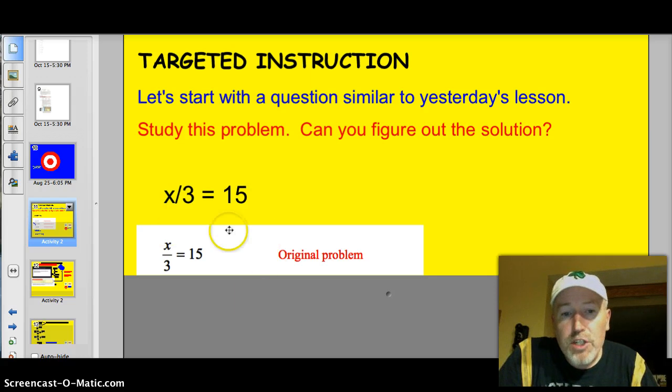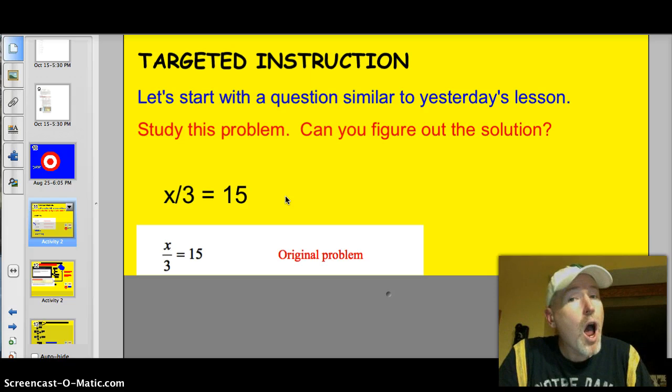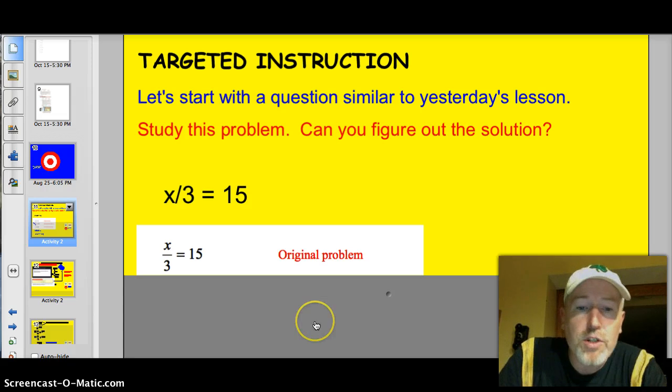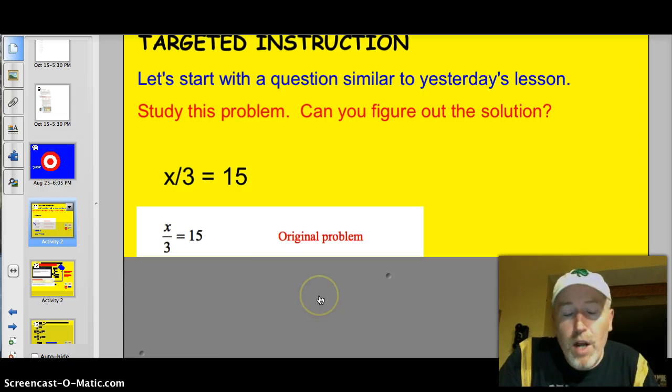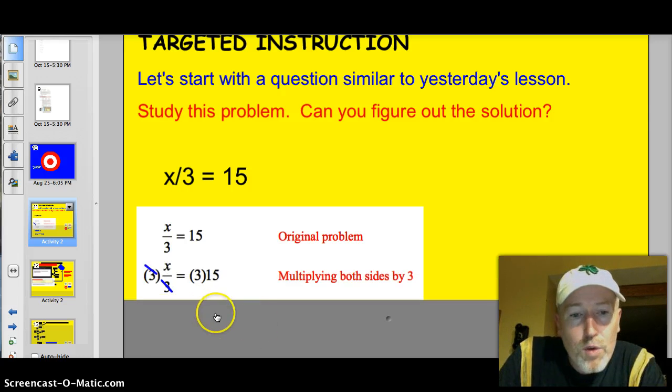Well, this is a division equation, so we have to solve that using, what's that, you in the back row? Multiplication. Yes, we have to solve it using multiplication. So how do we multiply this? Well, watch what I do here. I'm going to multiply both of these sides by 3.